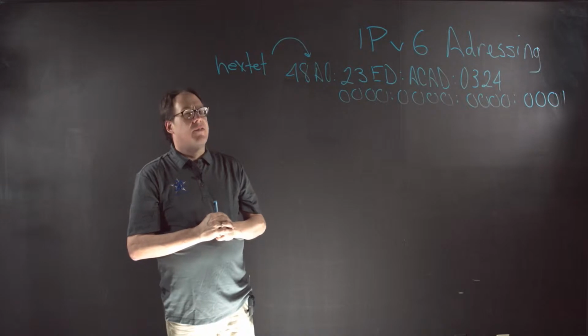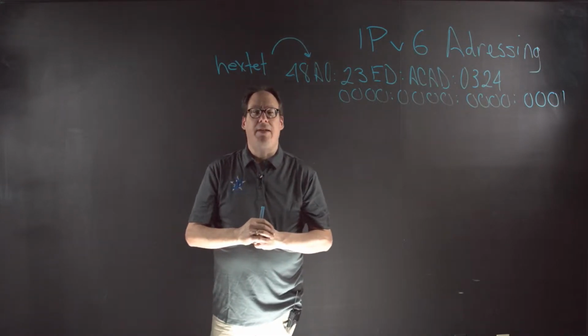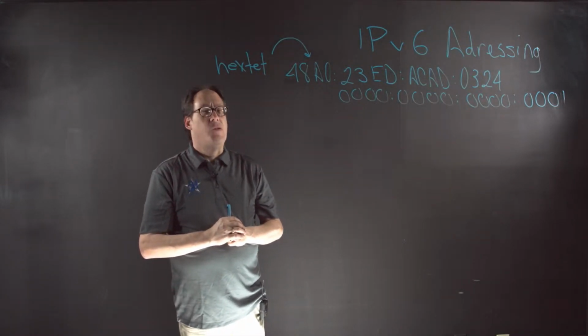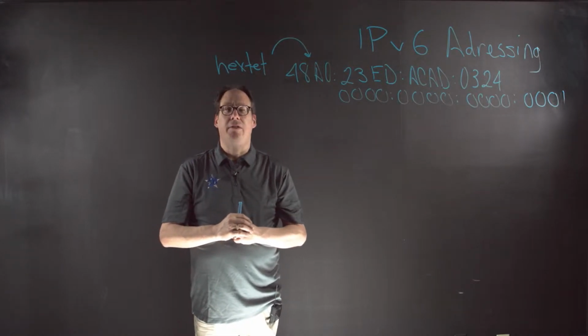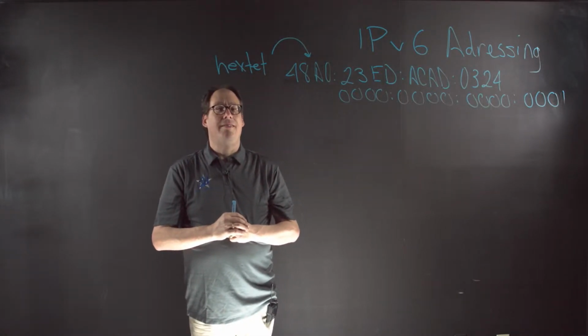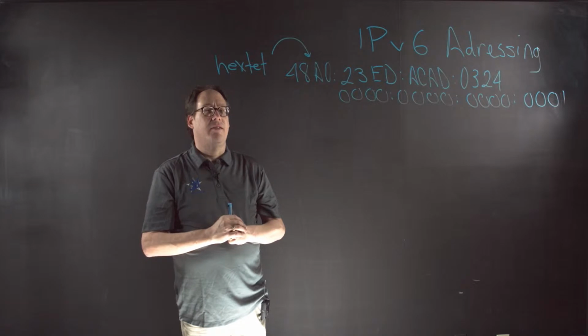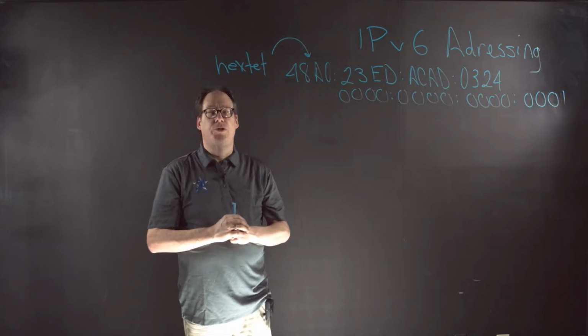If we look at the possible number of IPv6 addresses, there are in the neighborhood of 340 undecillion IP addresses. Now that's a number that's probably too large to write on this board.